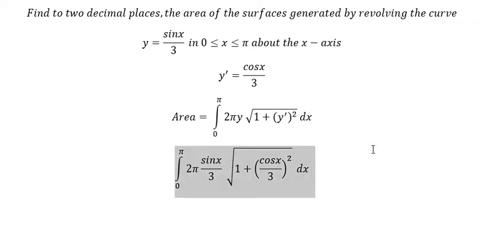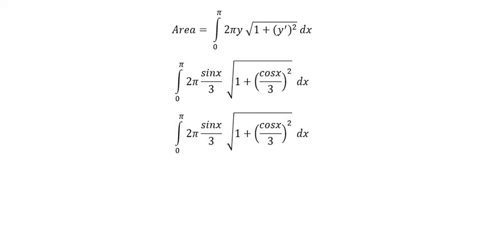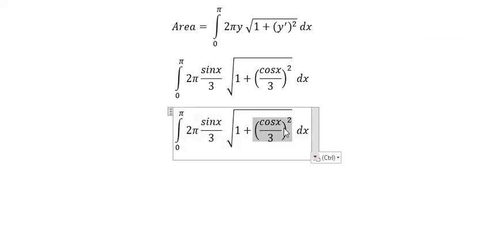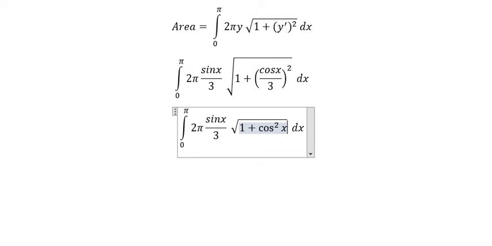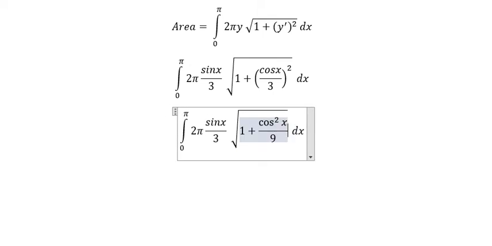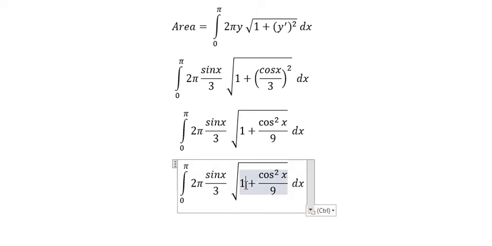Next, we need to put the power of 2 in here, and here we have cosine squared x over 9. And then I will put number 9 in here, number 9 in here.